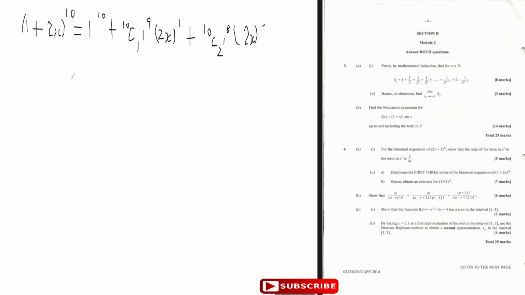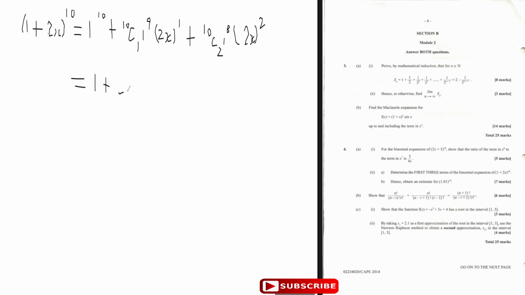So when you simplify that, 1 to the 10, 1 to any number is 1. Then you have plus 10 choose 1 is 10 times 2x. 10 times 1 is 10, 10 times 2 is 20.